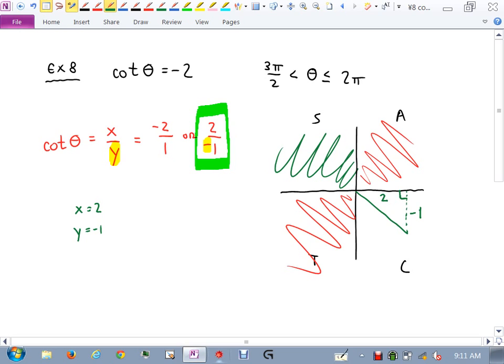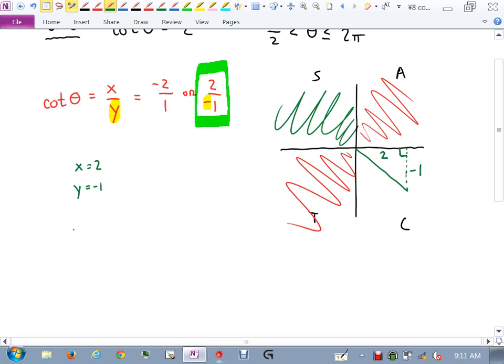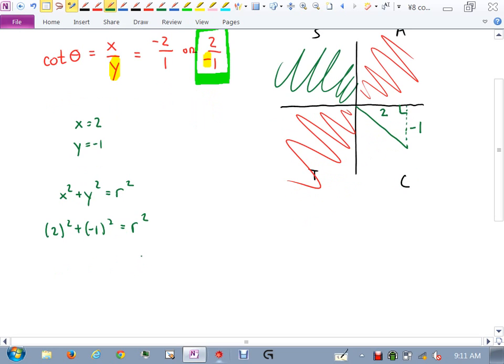Now we still need to find r, don't we? So I know that x squared plus y squared is r squared. So 2 squared plus -1 squared equals r squared. So what's that, 5? And then take the square root. So square root of 5. And I don't care about the negative, right?